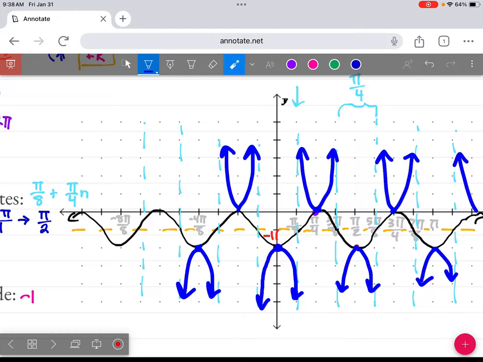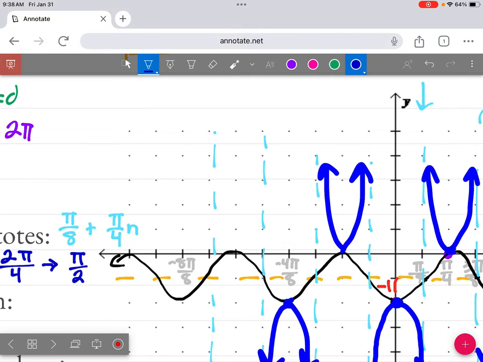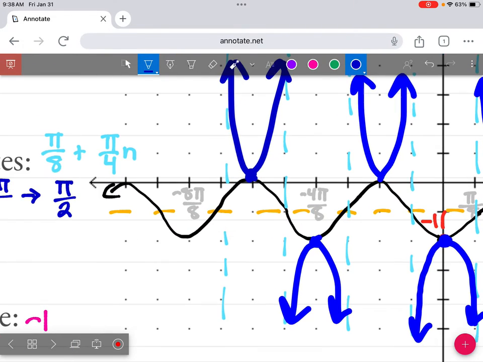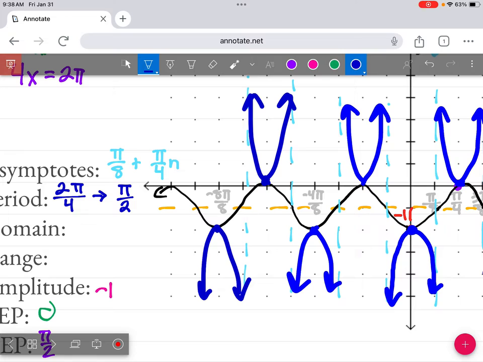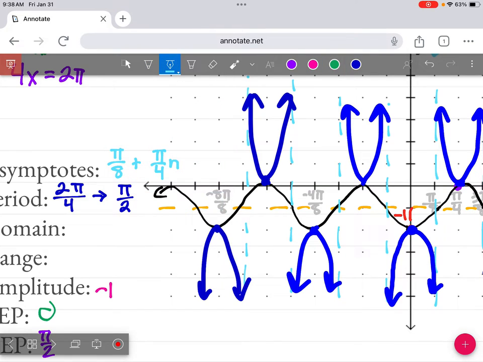So you would need 2 sets of up, down. So up, down, up, down. 4 of these almost parabolic pieces. They're not parabolas. They feel like parabolas, but they're not. Oh, I missed an asymptote here. But that's okay. We have our 2 full periods.